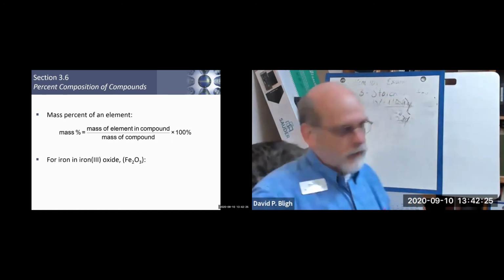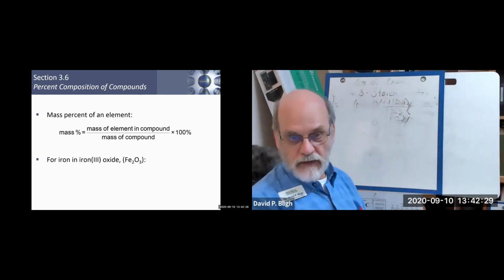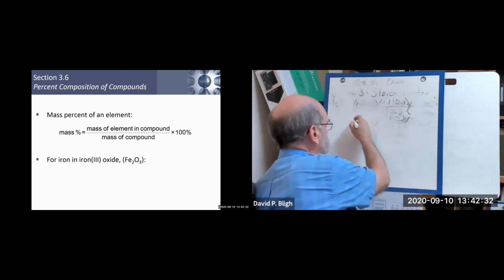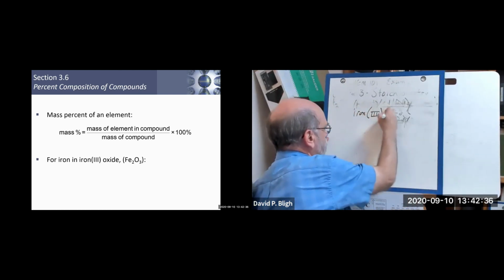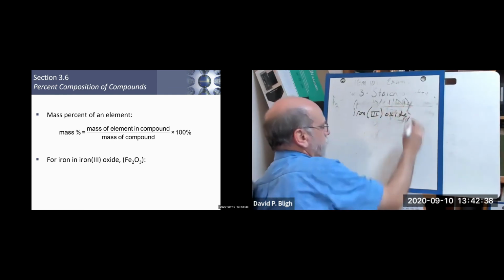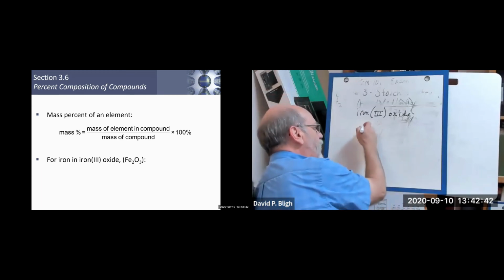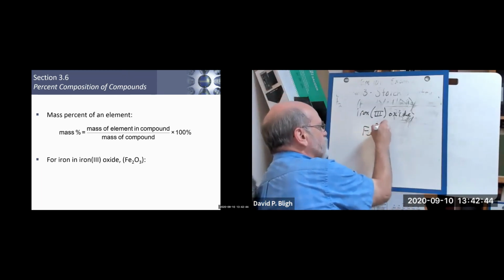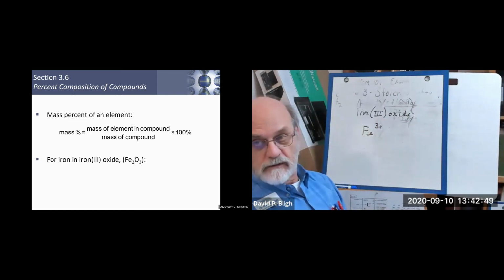All right. Well, first of all, is it written correctly? Iron(III) oxide. So we know that the iron is going to have a 3+ charge, right? How about the oxygen?